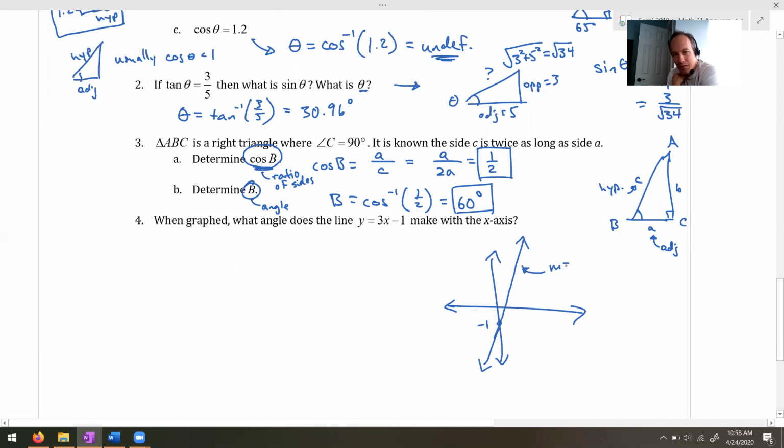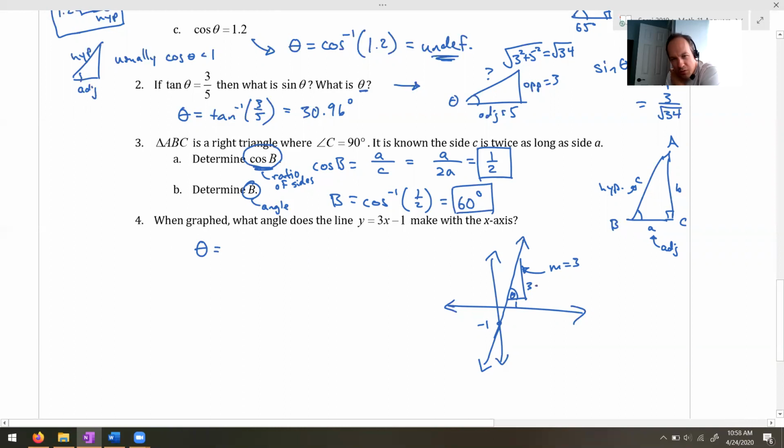So m equals 3, which means that if you move over 1 unit, you go up 3, so 1 over 3. So if I want to know the angle right in there that it makes with the x-axis, I know this isn't up against the x-axis, but it's the same kind of thing. It doesn't really matter here. What I can do is I can say that theta equals, well, what kind of ratio are we talking about here?